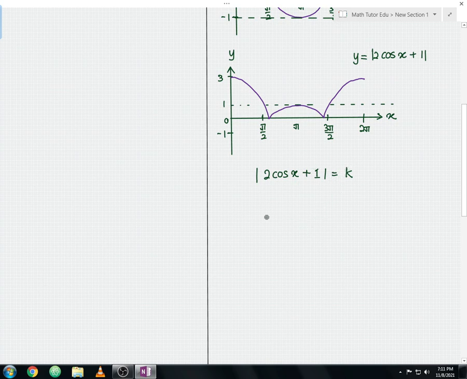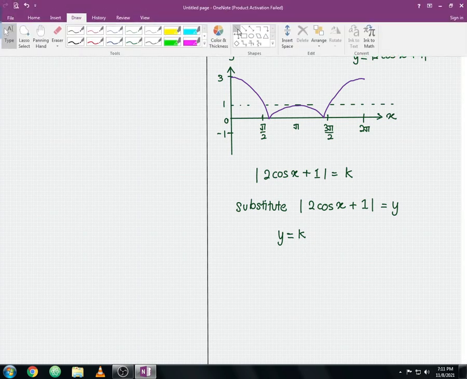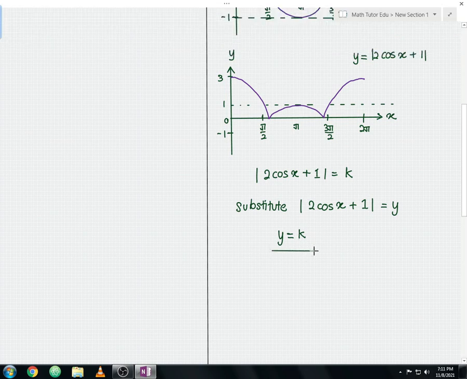I hope you guys are clear. So we're going to substitute modulus 2 cos x plus 1 equals y, and from here you should get y equals k. This is the equation that we need to find the range for.